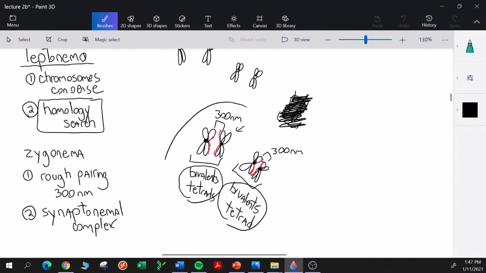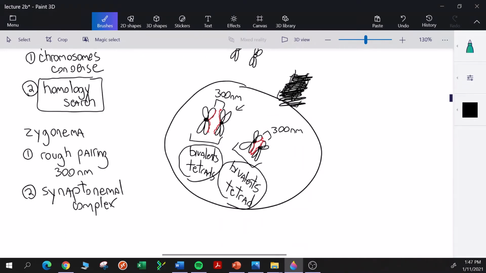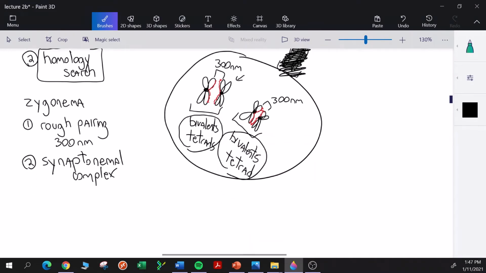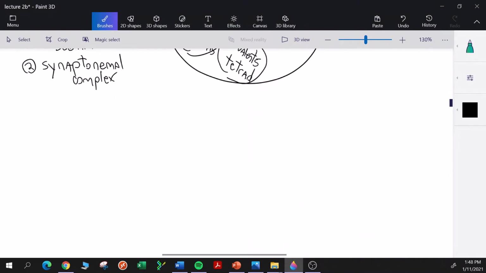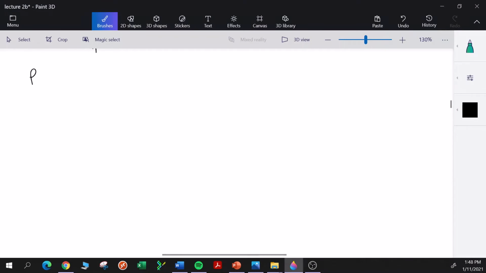So again, nuclear membrane is there, so I will diagram that there. The next stage is pachynemia. With this one, the synaptonemal complex is finished, is complete.